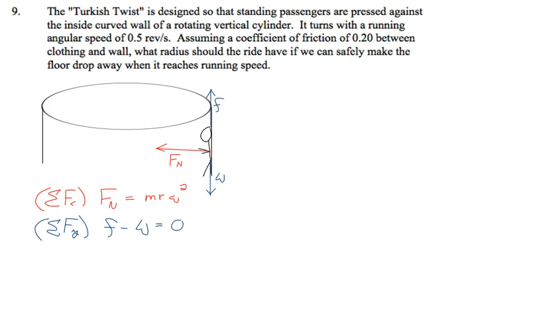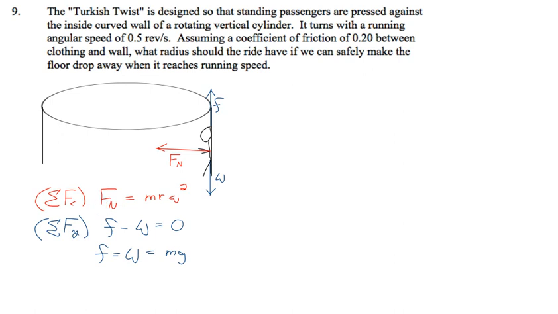Well, if friction minus W equals 0, then friction equals W, and W equals mg, so friction equals mg. So now I have something that I can replace for friction. I can say friction equals mg. Well, I know friction equals mu Fn. So I want another form of friction.